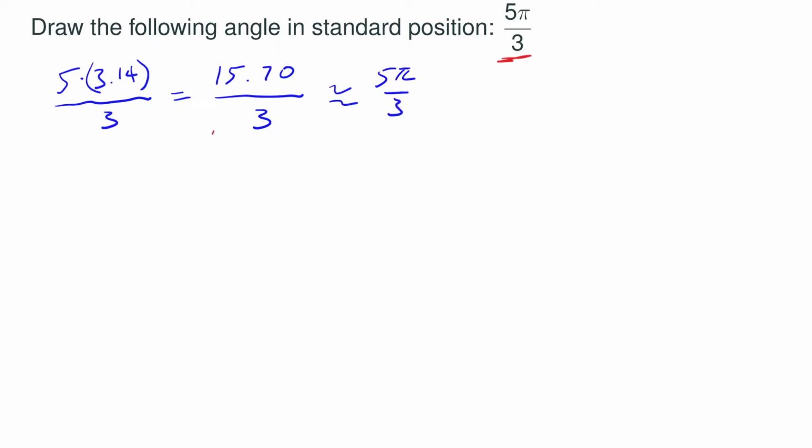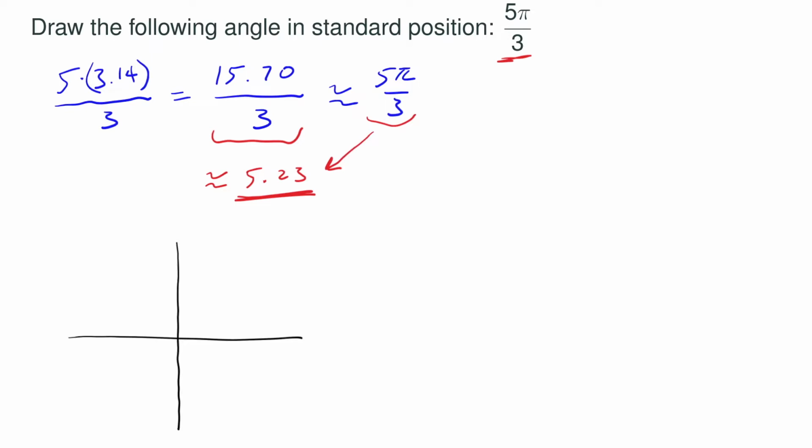And we can look at this number, which is close to about 5.23. So what we conclude is that 5 pi over 3 in decimal is close to 5.23 radian. Again, this is an approximate because it would be an unending decimal. So we can just try to draw 5.23 radian in standard position.